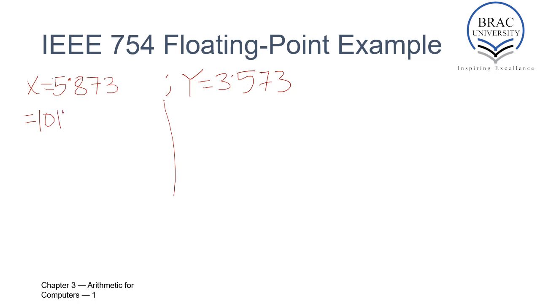If you keep on multiplying this 0.873 by 2, then you can get the binary equivalent of 5.873.